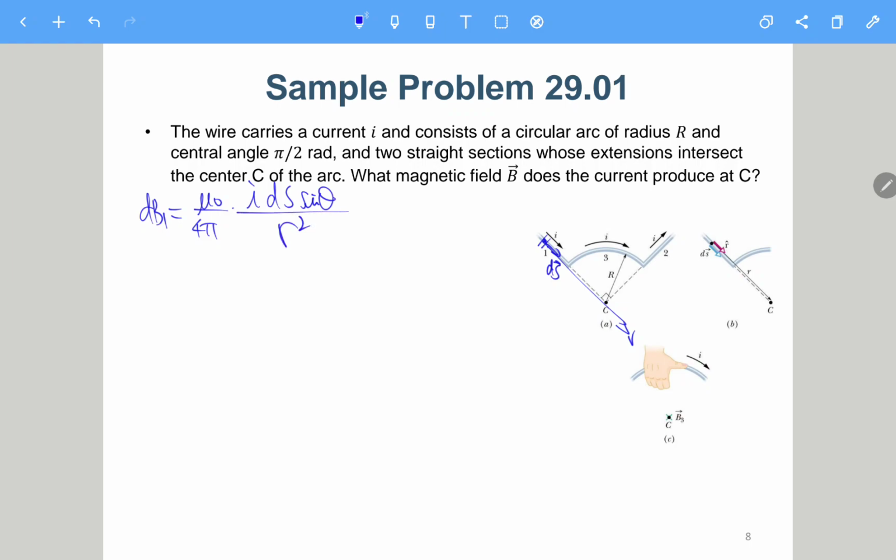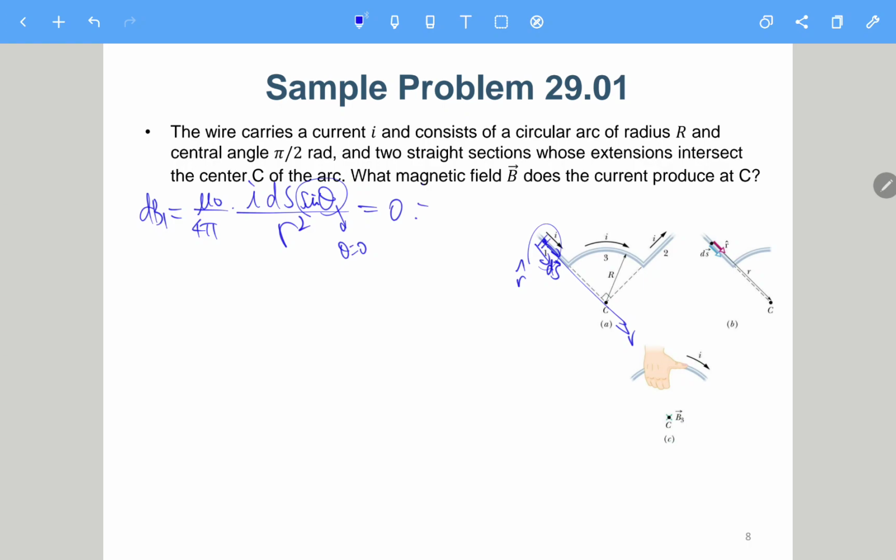This is the Biot-Savart law for part 1, so I denote it as dB1. This one will be 0 because theta is the angle between ds and r hat. R hat also points to the same direction, so this theta is 0 degrees or 0 radian. So this is nothing but 0.